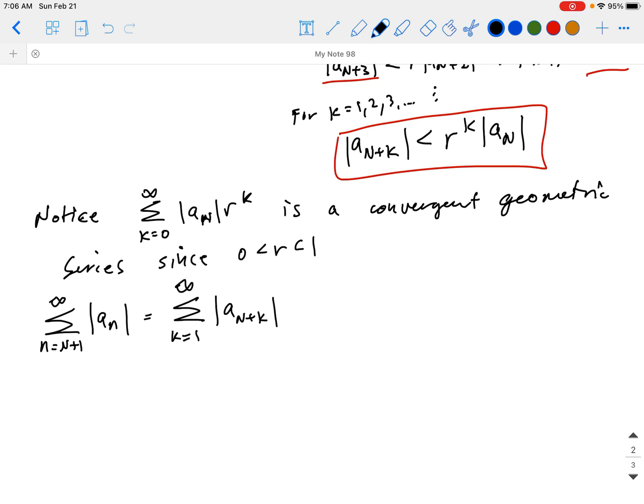We'll just note a convenient shift in our values here. If I take the infinite series starting at capital N plus 1, so I start way far out, and I go to infinity, I can rewrite that in terms of k, where k is the kth term beyond the capital Nth term.